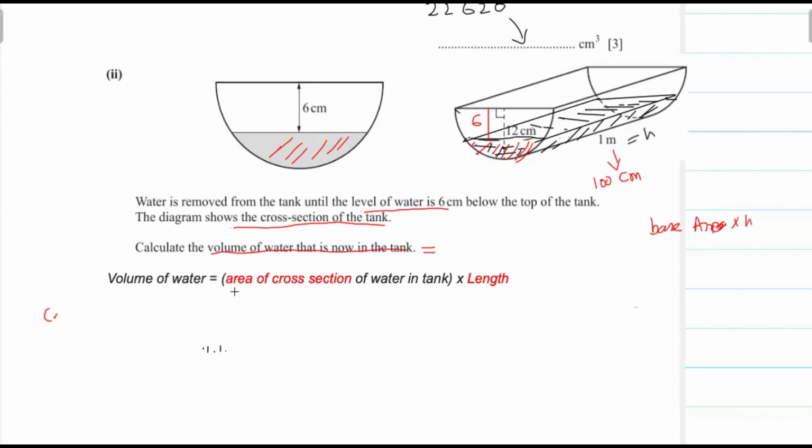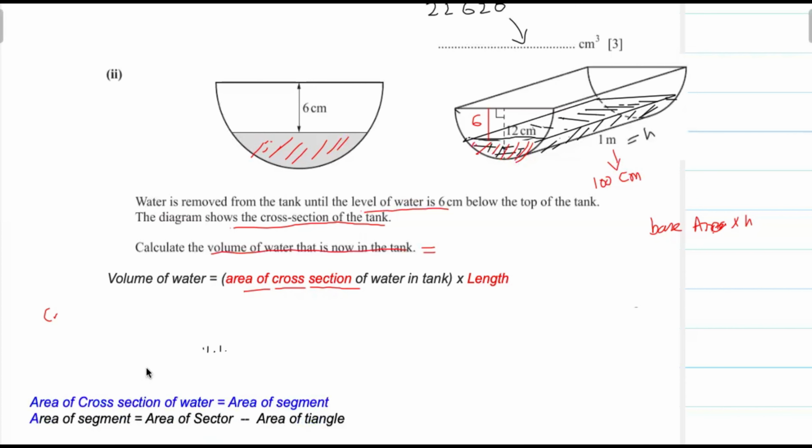Now, firstly, we have to calculate the area of the cross-section of water in the tank. This is the cross-sectional area of the water. This is the area of a segment. If we calculate the area of the segment, we can get the area of the cross-section of water in the tank.